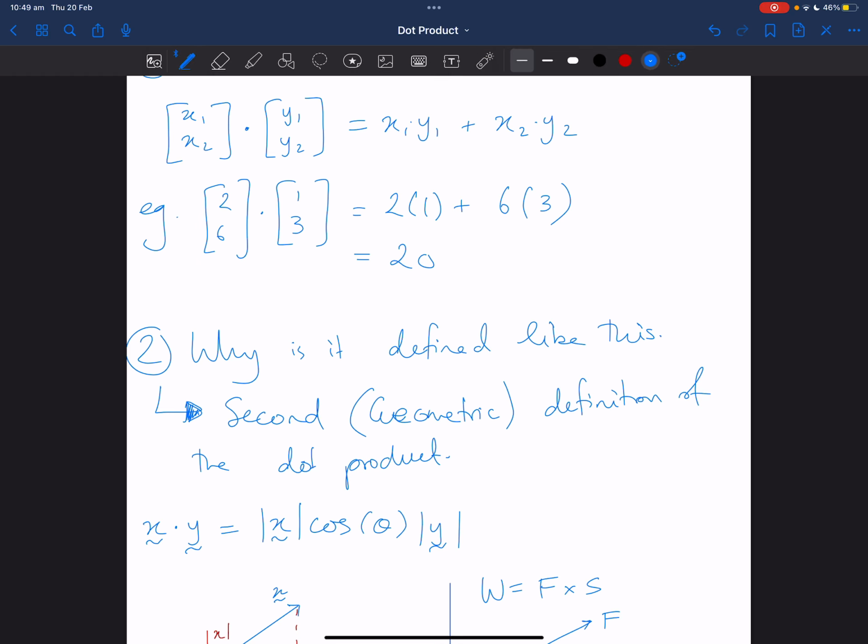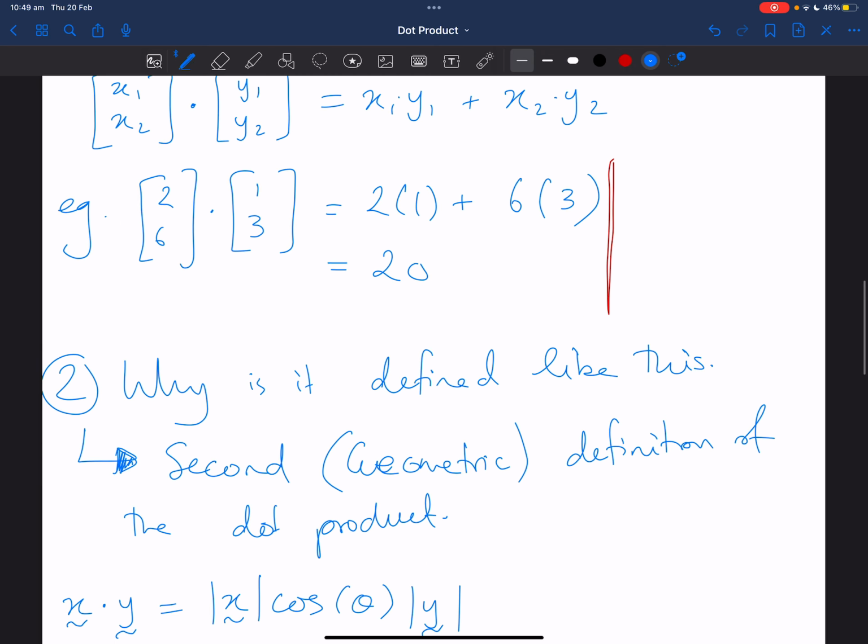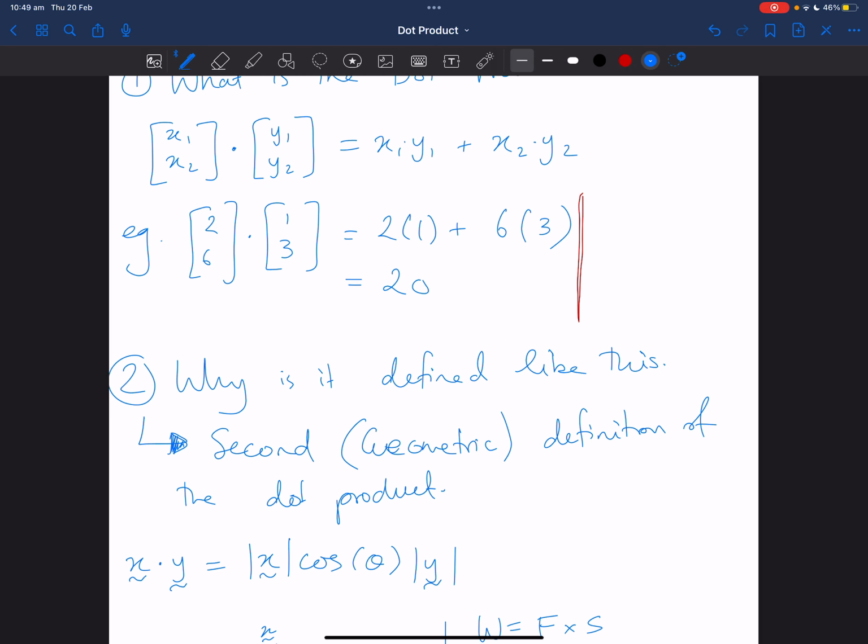So we can actually recalculate this dot product simply by taking the magnitude of this vector and the magnitude of this vector. So the magnitude of (2, 6) equals root 4 plus 36, so equals root 40, and the magnitude of this vector equals root 1 plus 9, so equals root 10.